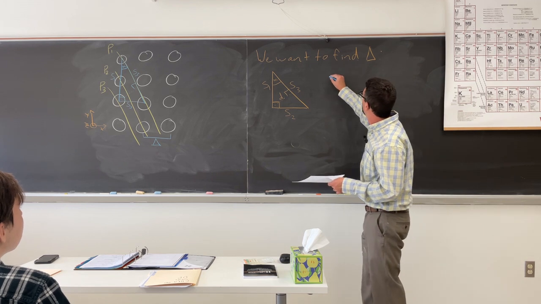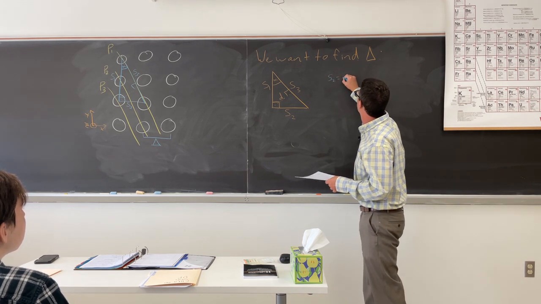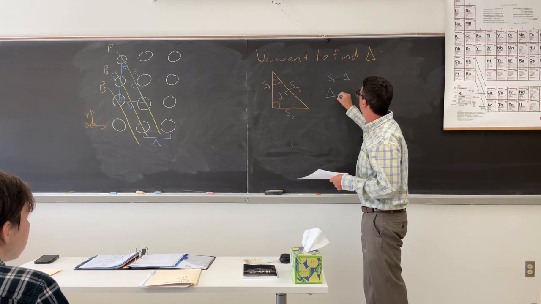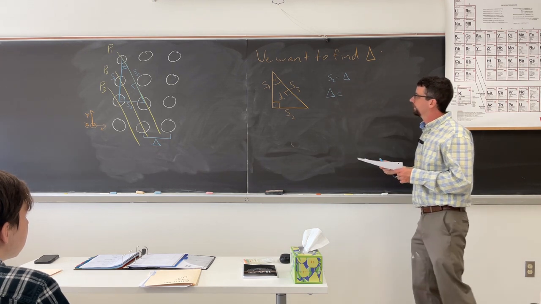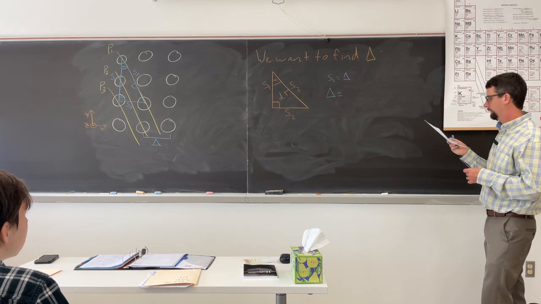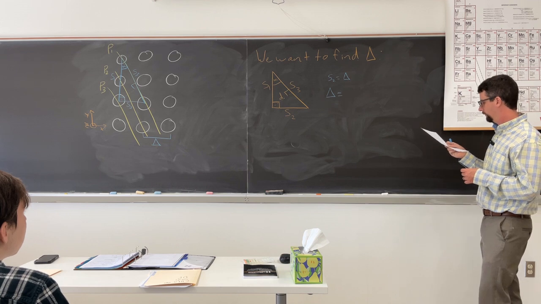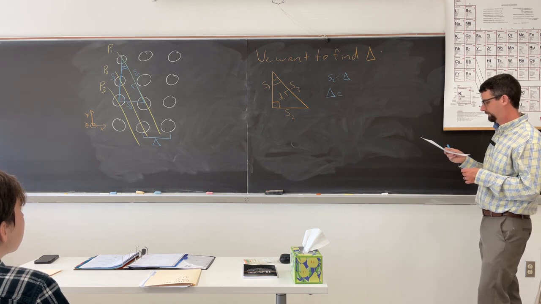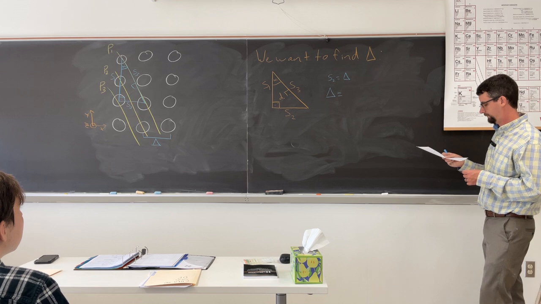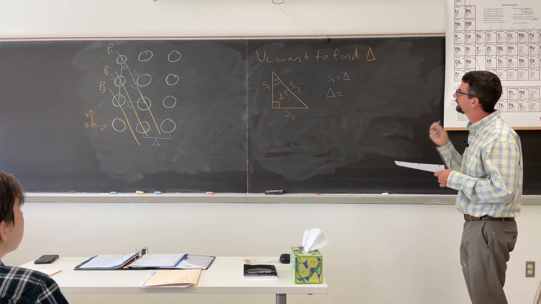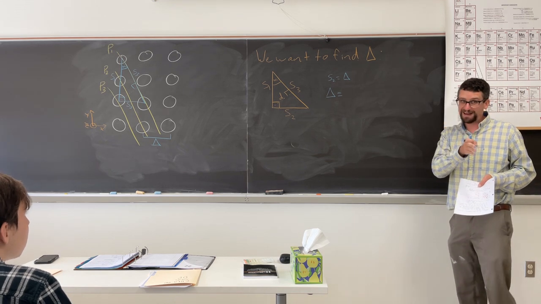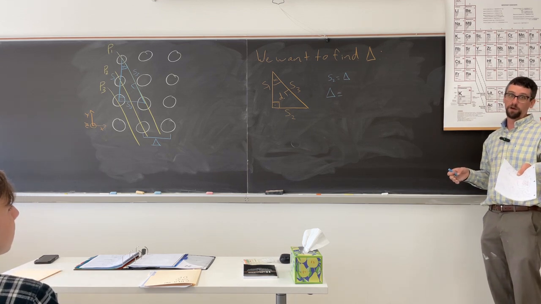So shoot. How could we, so we know that S2 is equal to delta, that's true. Could we come up with another expression for this? What would it be? Yes, we could do that. I don't want to touch that one yet. We will get there, though.